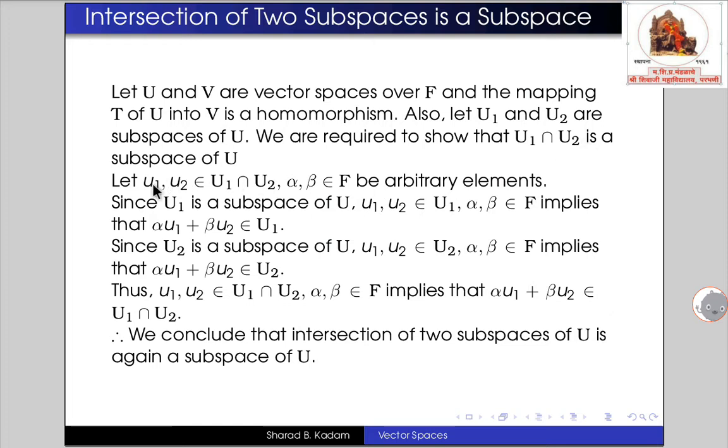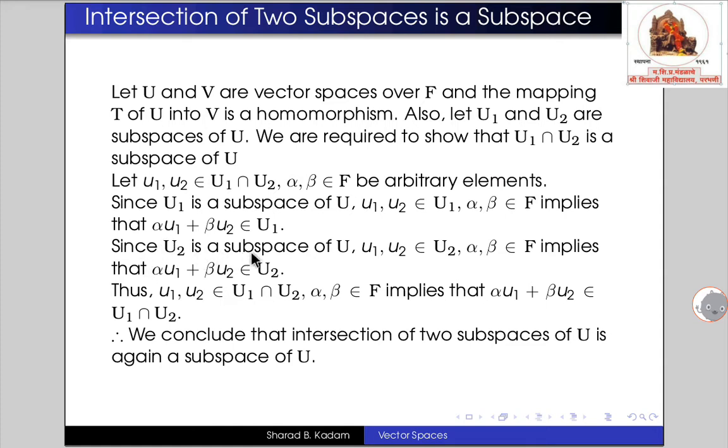So for this purpose we consider arbitrary elements U1 and U2 in the set U1 intersection U2 and arbitrary scalars alpha, beta in the field F. Next, since U1 is a subspace of U, if U1, U2 belong to U1 and alpha, beta belong to the field F, then by the definition of subspace, alpha U1 plus beta U2 is in U1.